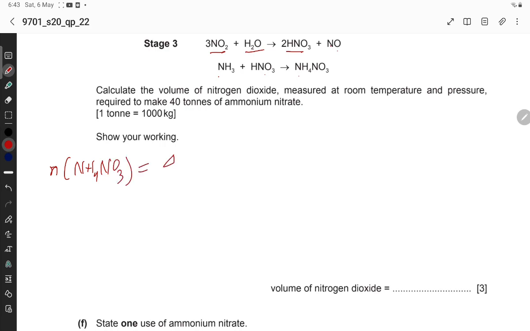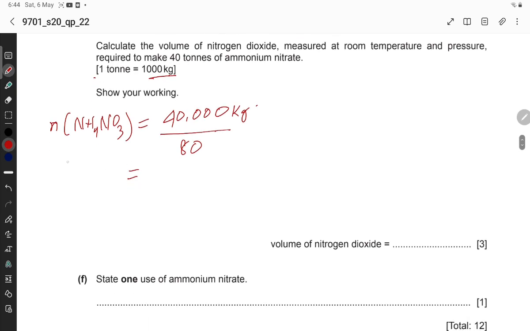is equal to 40 tons divided by 80. 1 ton is equal to 1000 kg.